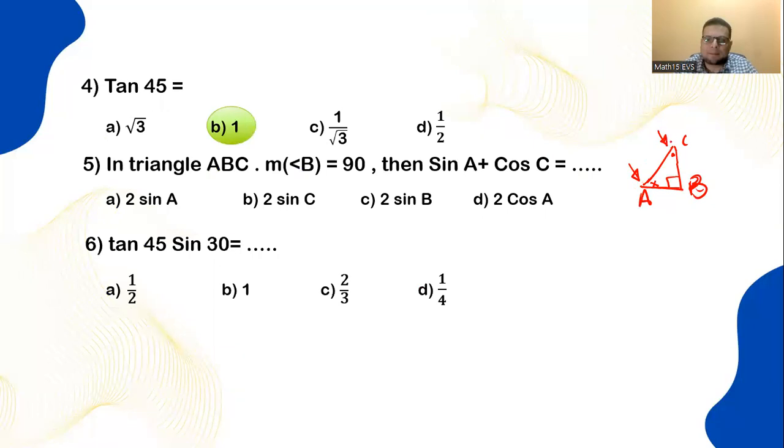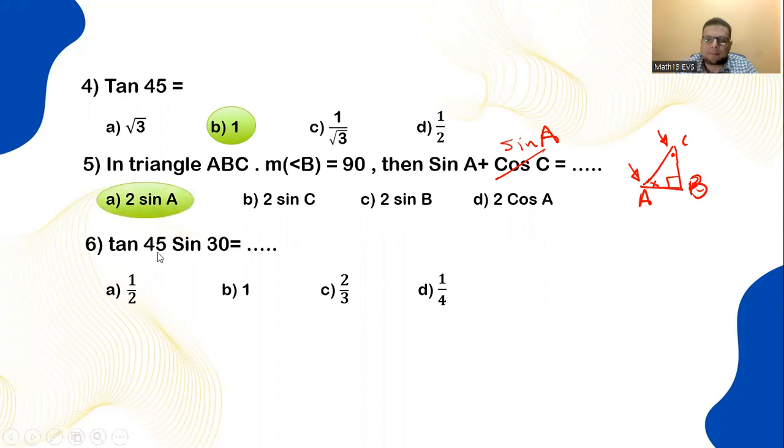Sine A equals cosine C, or cosine A equals sine C. So sine A plus cosine C, we can say sine A plus sine A, or cosine C plus cosine C. So it is double sine A. So you choose that.